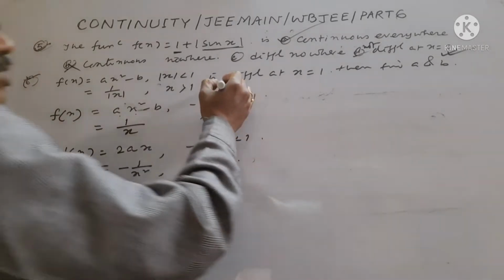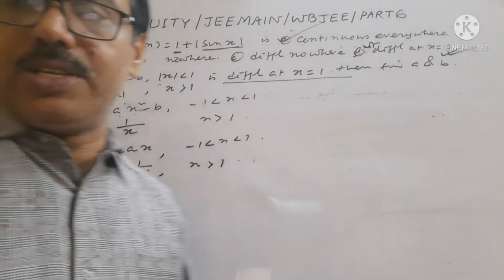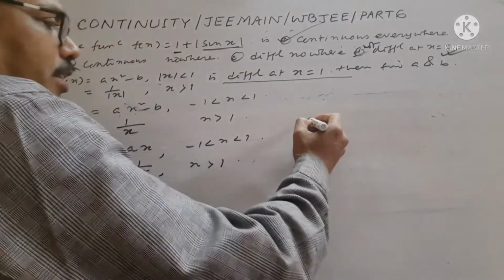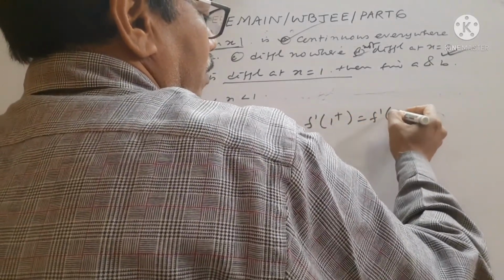So, since f(x) is differentiable at x equals 1, f dash 1 plus equals f dash 1 minus.